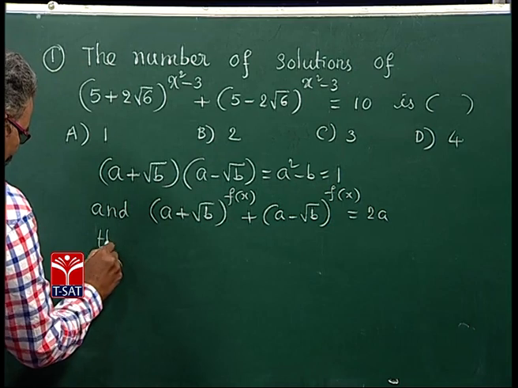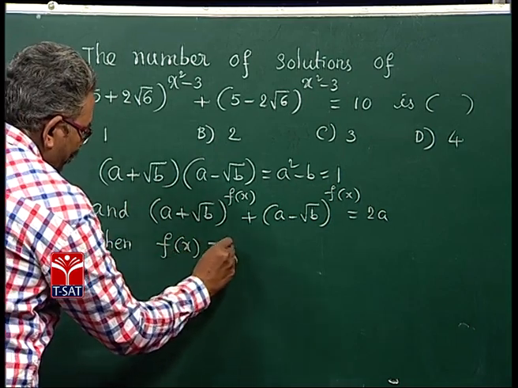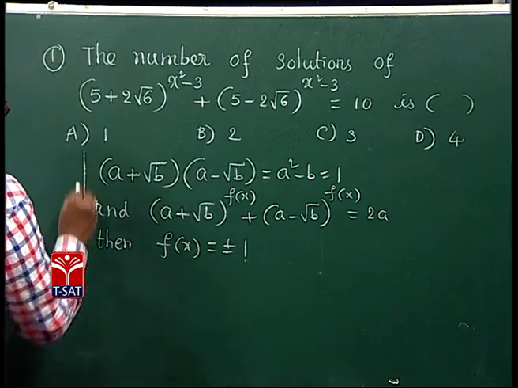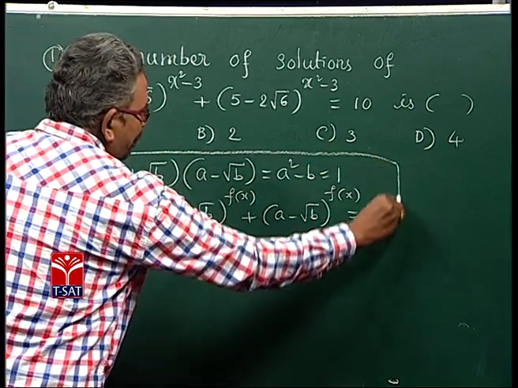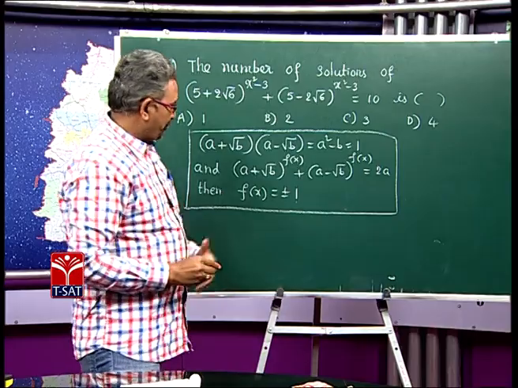Then f of x is equal to plus or minus 1. This is the shortcut we have studied in previous episodes.